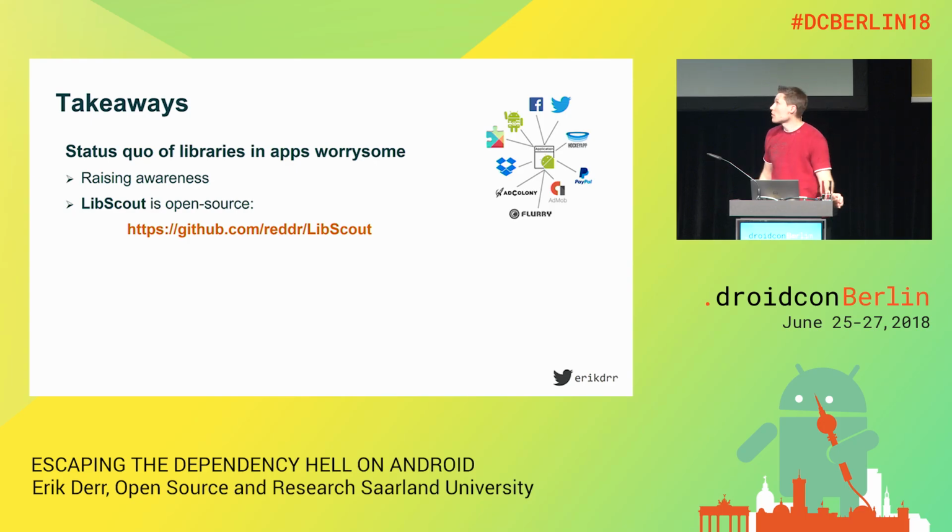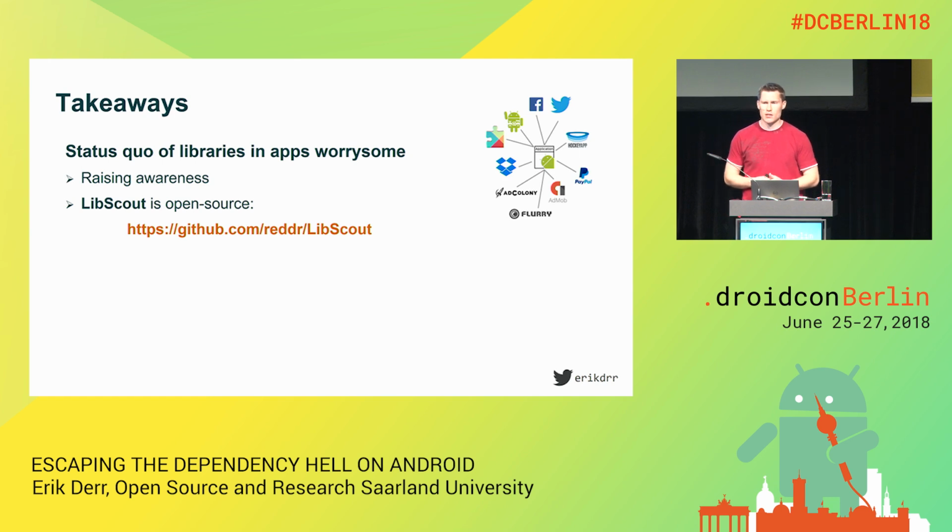Okay, takeaways from this talk. So we've seen the status quo of outdated libraries in the Android ecosystem. This is a long-term project where we wanted to raise the awareness for the fact that libraries are a really strong, really essential factor in app development, but it has two sides of a medal.